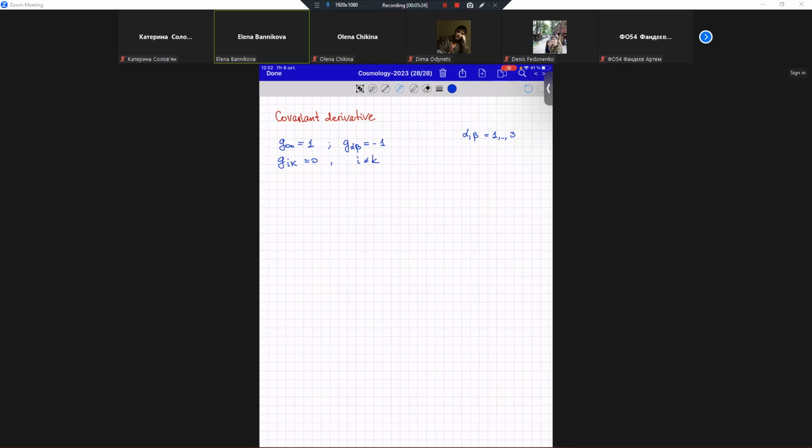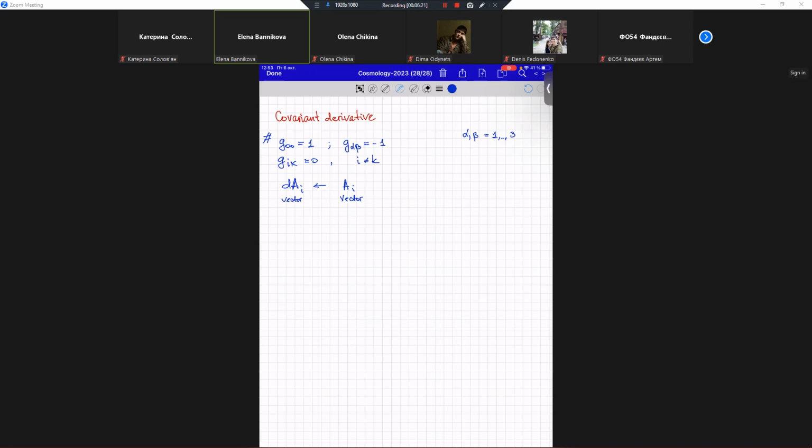If we have a differential of the vector A_i, and this is a vector, then its differential will also be a vector.